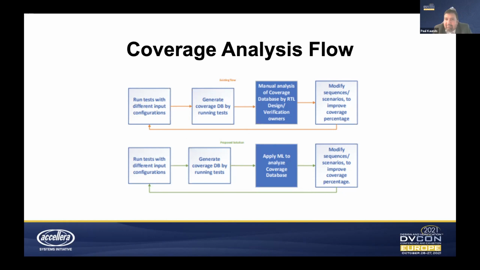But in practice, there will be some manual intervention required, but it can be reduced. Manual analysis can be reduced, effectiveness can be improved, productivity can improve, and innovation can improve. So this is what it says. It modifies the sequences. So when you see ML, it definitely saves a lot of time and energy when the ML engine sits here to analyze and to modify sequences and scenarios to improve the coverage percentage.